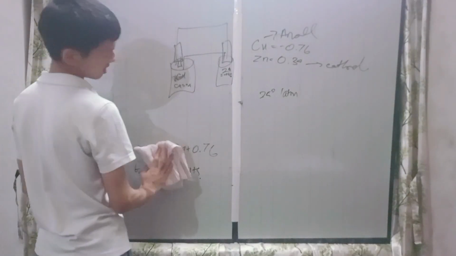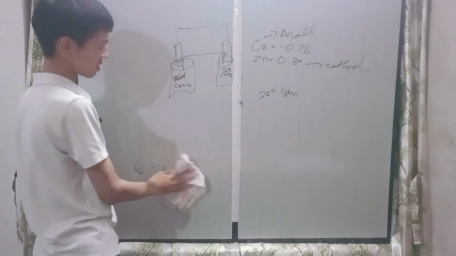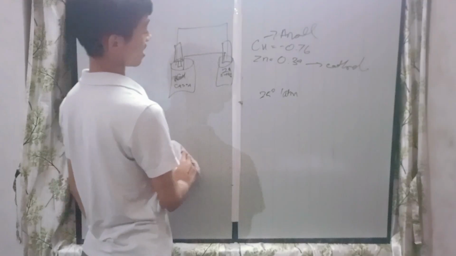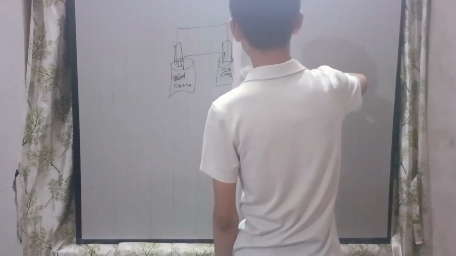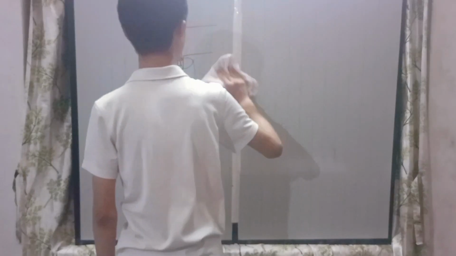What if the temperature is not 25 degrees Celsius? What if it is higher or maybe lower? What if the pressure is different? In that case, we use a different formula. We use the Nernst equation.